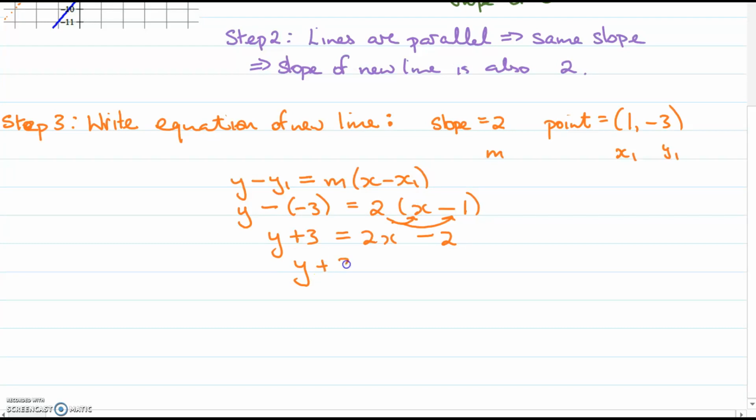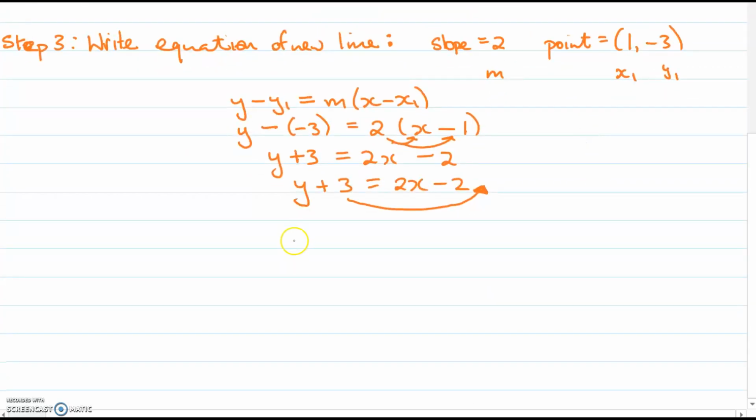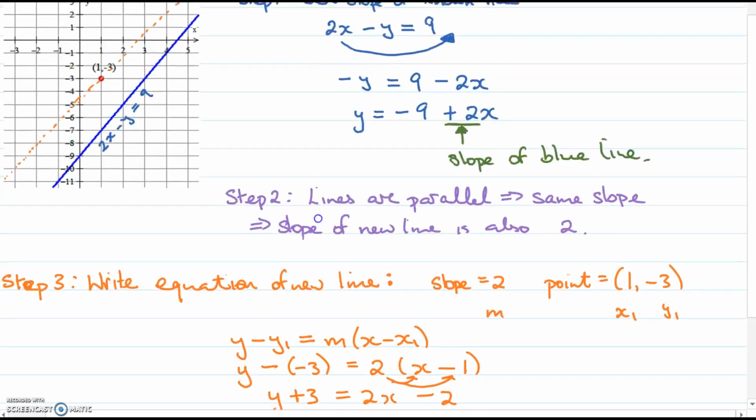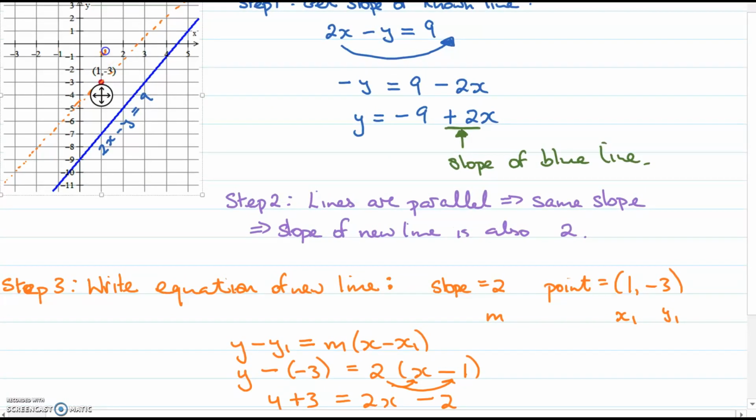So we get y + 3 = 2x - 2, and then we'll want to move the number over. So y = 2x - 2, move the +3 across, becomes -3. y = 2x - 5. So this new line would be y = 2x - 5.